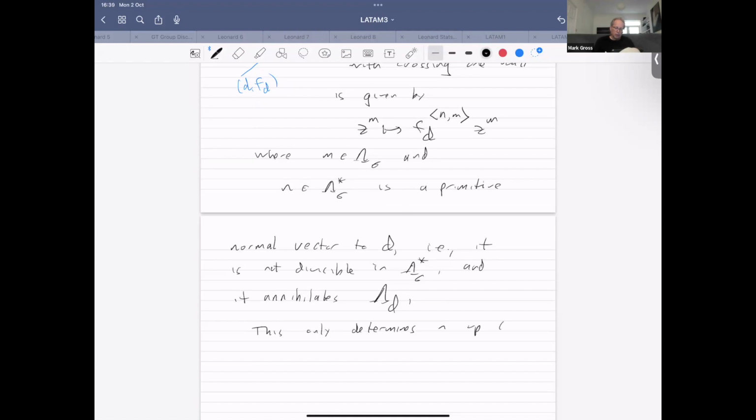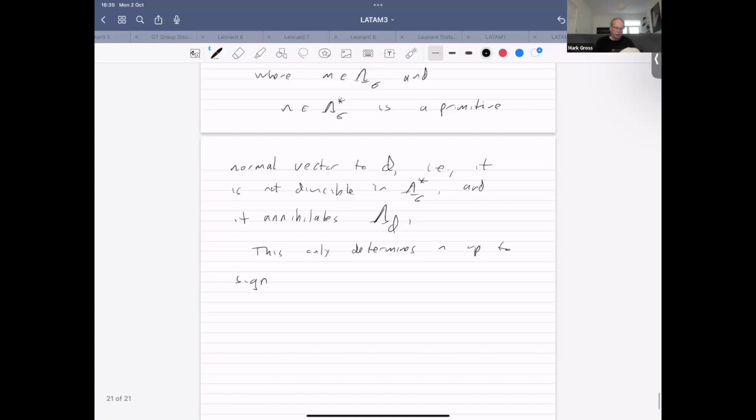But the requirement is that, let's say if at time t0 is when we're crossing the wall, n should be negative on the tangent vector to gamma at time t0.